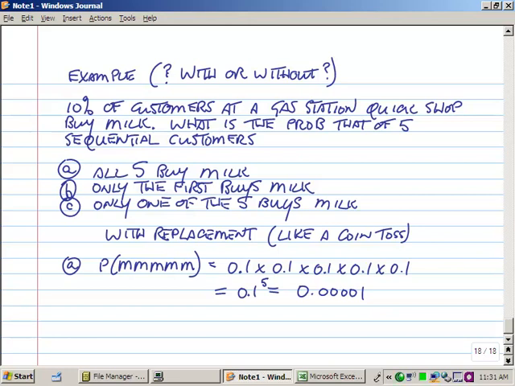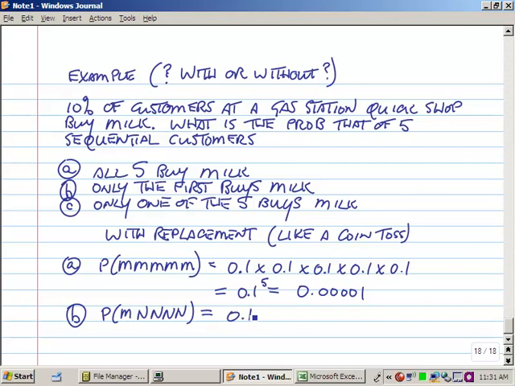Alright, part B. Only the first buys milk, so there's a probability of milk, then no milk, so I'll just write N. No milk, no milk, no milk. So the first one buys milk.